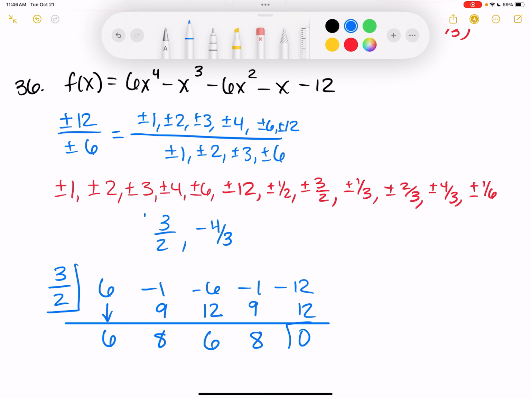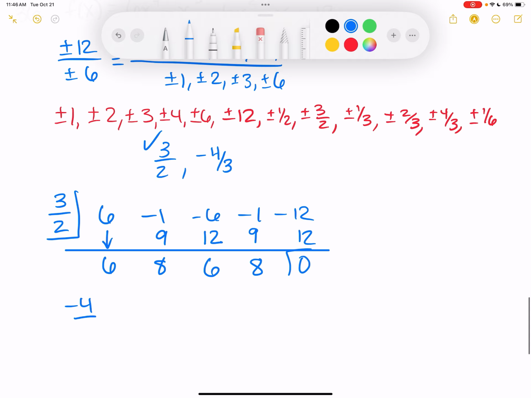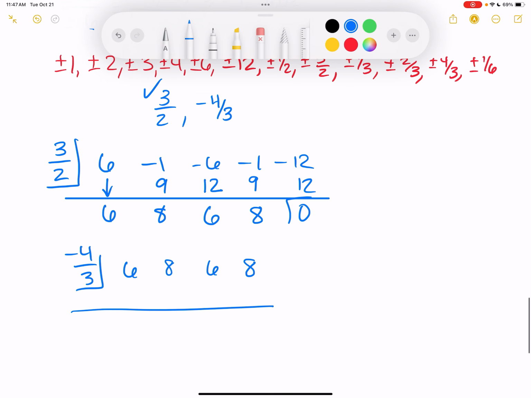Now, you can either continue using the original equation and do the negative 4/3 under the original. But since I've already confirmed that 3 halves was a zero, I can just continue on with these numbers here. So I can do negative 4/3 on 6, 8, 6, 8. Bring down the 6, times negative 4/3 would be negative 8. Plus 8 is 0, times negative 4/3 is 0.